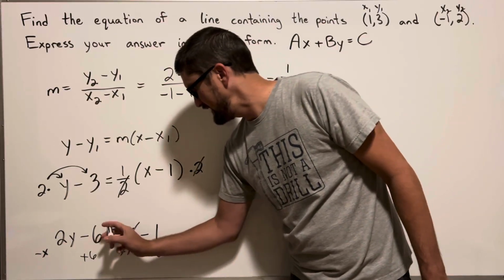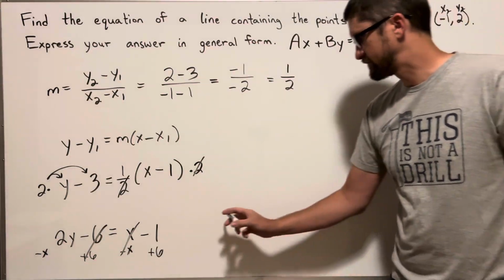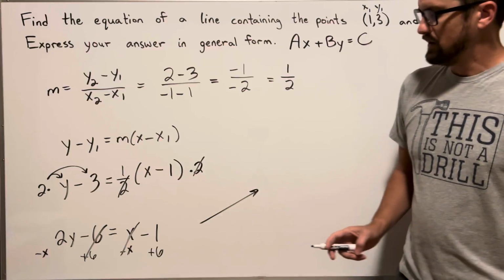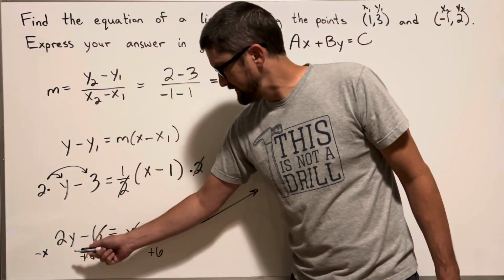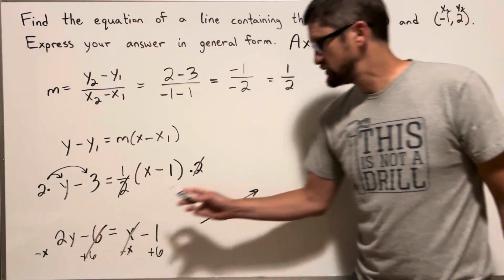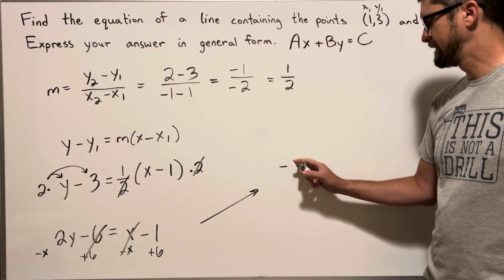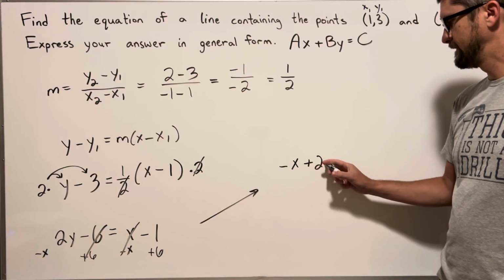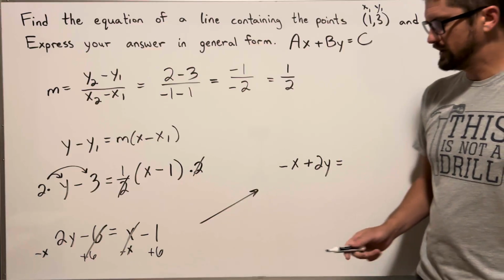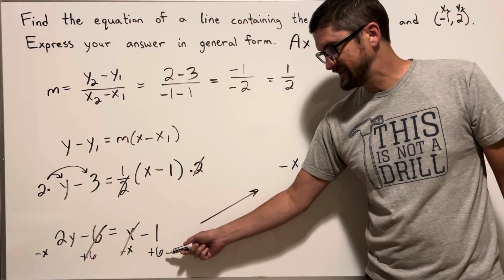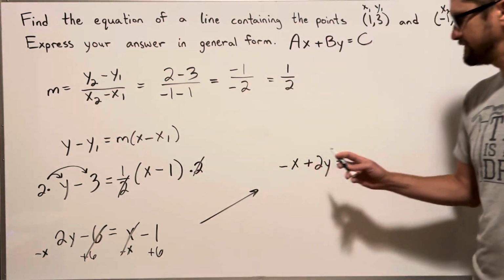That will eliminate the x's and the 6's. All right, so now on the left-hand side, I have a negative x plus 2y. And on the right-hand side, I have a -1 plus 6, which is 5.